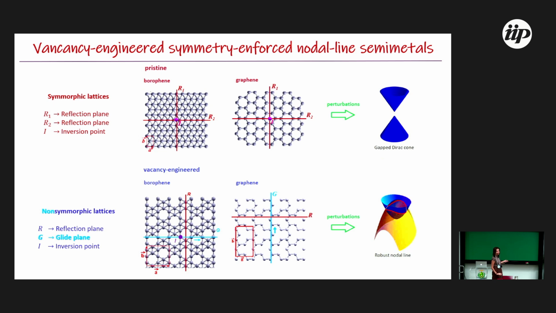Right. So to rephrase my question, is this experimentally realizable? Yeah. People have already started looking at this, for borophene. There's a class of materials called beta borophenes. This is the borophene without vacancies, and they can create these vacancies which are periodically distributed, but for different types of unit cells.